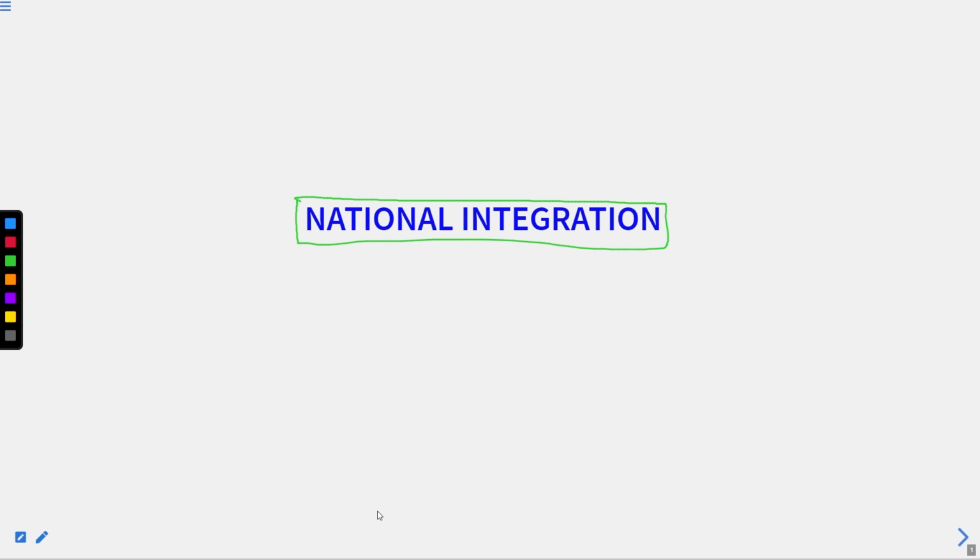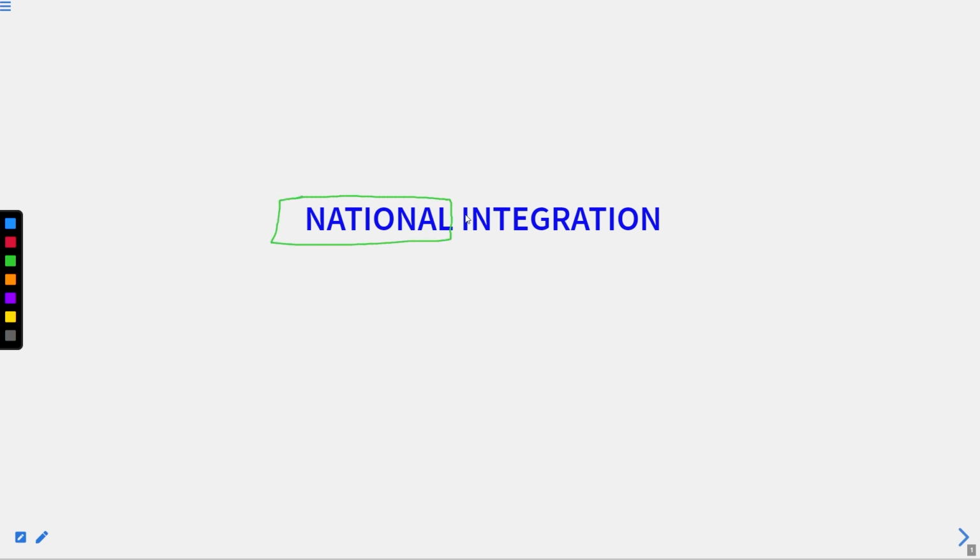Okay? And if you look at this word carefully, the word that is reflected in front of us is national integration, right? By seeing this, it seems like it is one word, but in actual fact, it is two words.